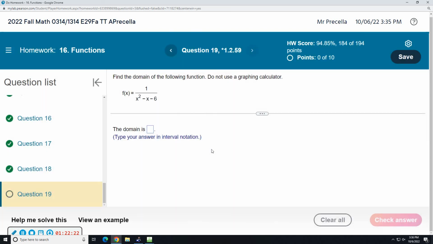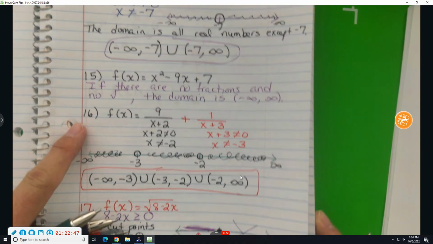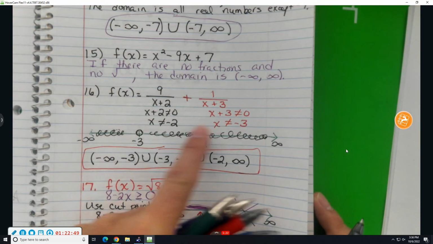One more, by the way, I forgot to tell y'all, this is a longer assignment. There's 19 problems rather than the usual 15. Let's see. 1 over x squared minus x minus 6. We've already done a couple that had fractions, like number 16.